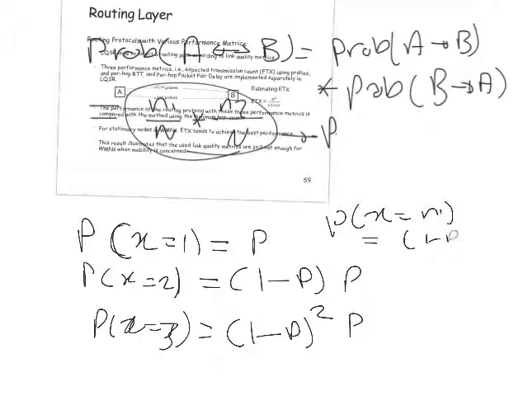It is 1 minus P to the power n minus 1, multiplied by P. Okay? This is the probability. So now we have a random variable that takes the values 1, 2, 3, 4, n.